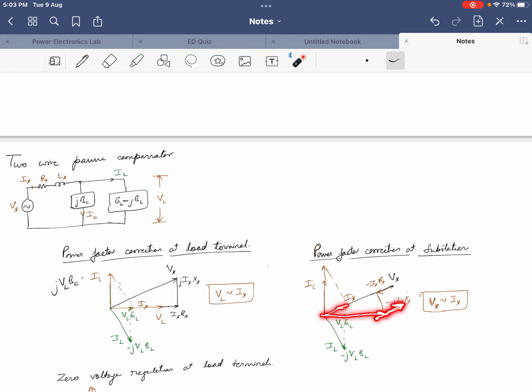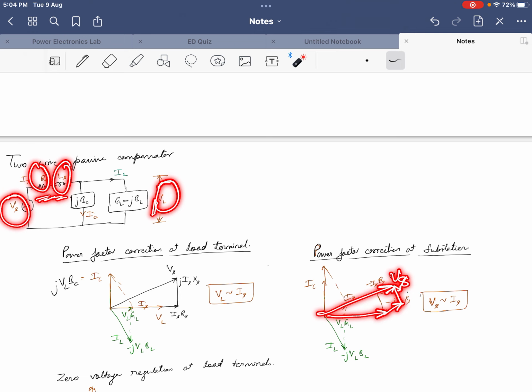So this is VL, Is Rs will be here, and then we can add this impedance drop. Then we can get the value of Vs. Either we do it this way, adding VL, Is into Rs and Is into jXL by KVL, we just add these three and we get the value of Vs.